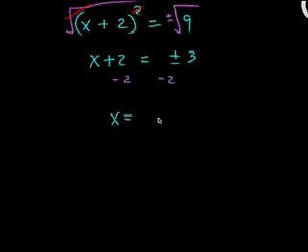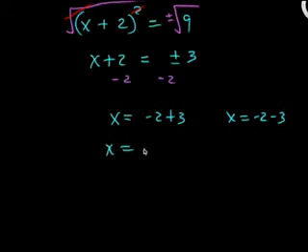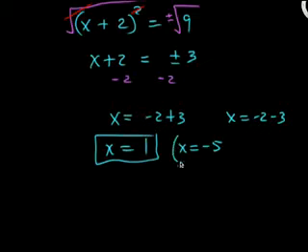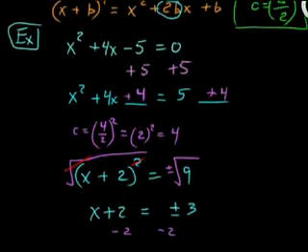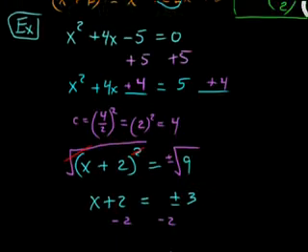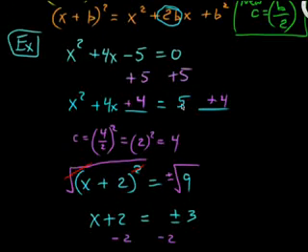But here I've got either x is negative 2 plus 3, or x is negative 2 minus 3. And if I simplify this, negative 2 plus 3 is 1. So there's one of my solutions, and negative 2 minus 3 is negative 5. So those are my 2 solutions.